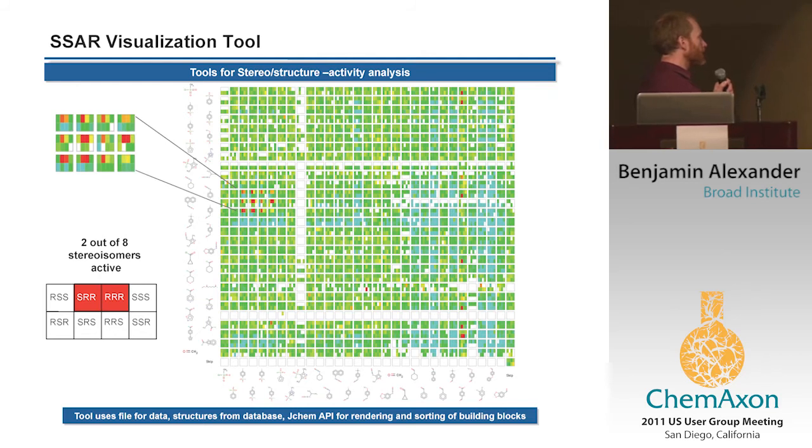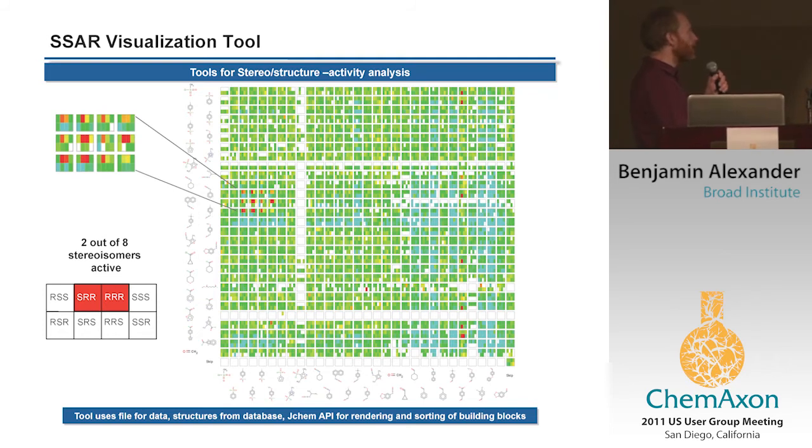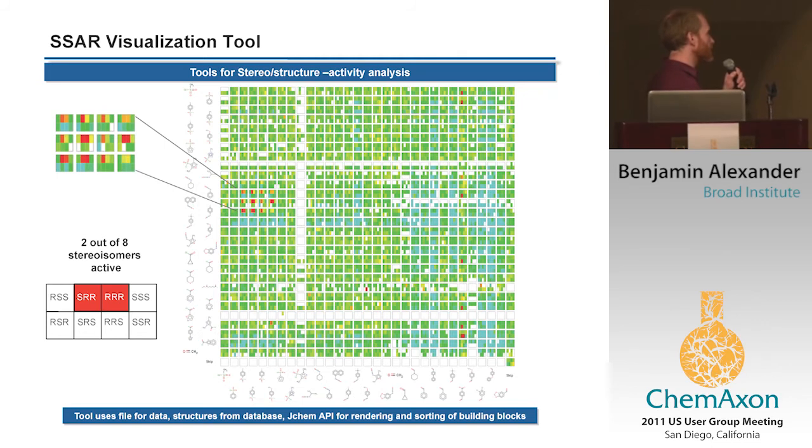You have a list of substituents, so we're talking about 2 attachment points on this core, and then for each one of these blocks, you have 8 different areas, each of which describes a different organization of stereochemical combinations. So maybe one of these is RSS, SRR, etc.